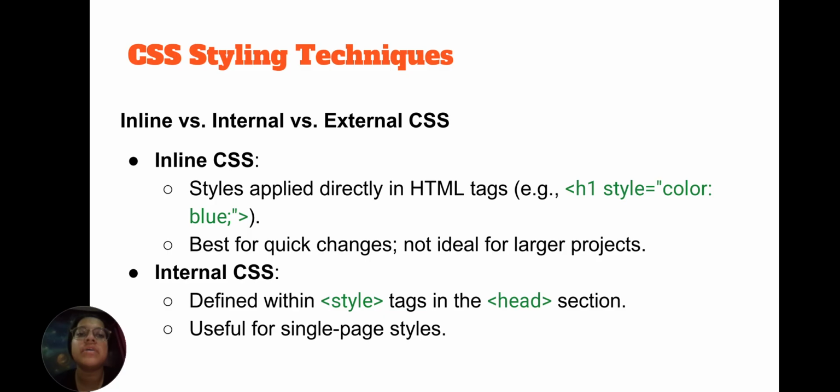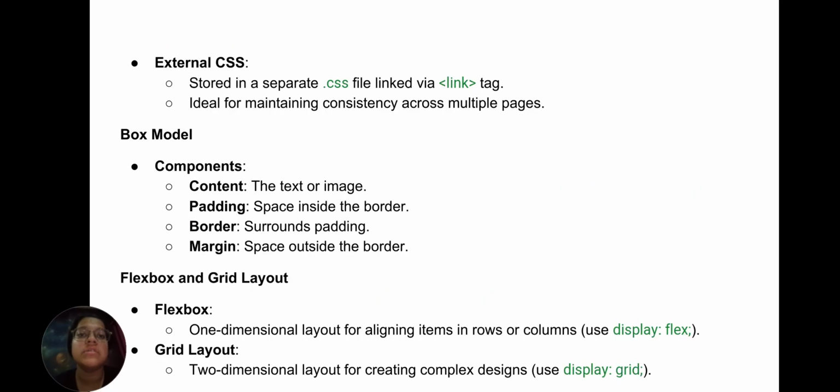Internal CSS is defined within a style tag in the head section, useful for single page styles. External CSS is stored in a separate .css file linked with the link tag, ideal for maintaining consistency across multiple pages. Box model components: content, padding, border, margin.